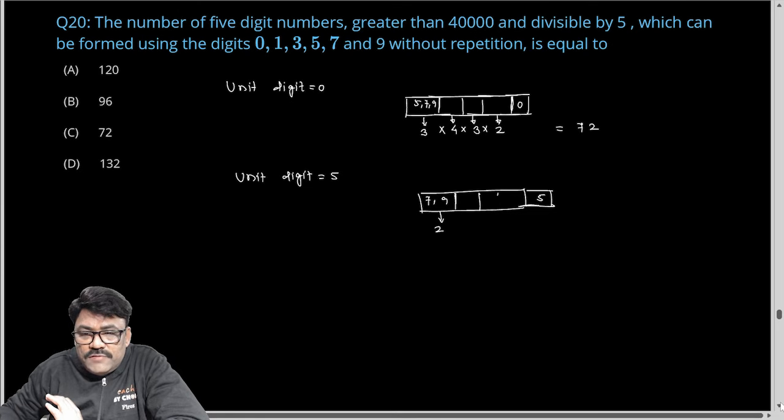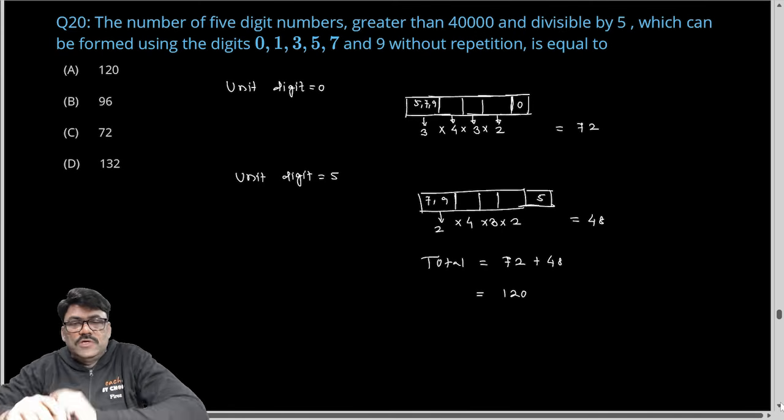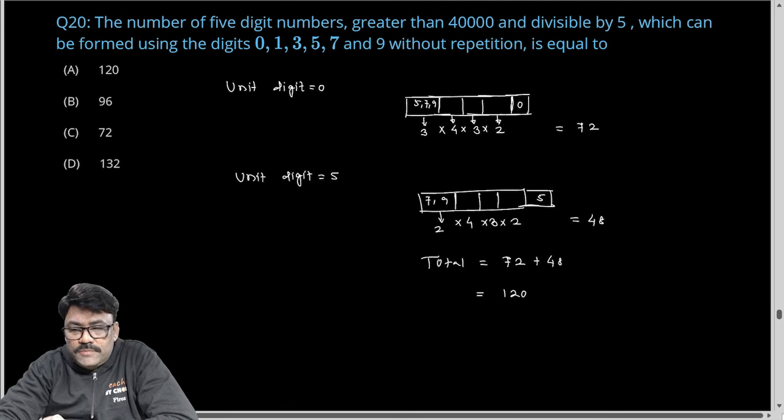And for the remaining 3 places, again you are left with 4 digits. So 4 options here, 3 options here, 2 options here. So 48 numbers. So how many numbers in total? You are getting 72 when the unit digit is 0, 48 when the unit digit is 5. So it is 120. Totally 120 numbers you can form.